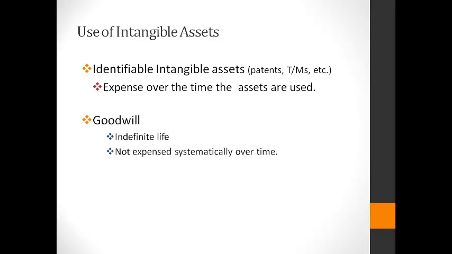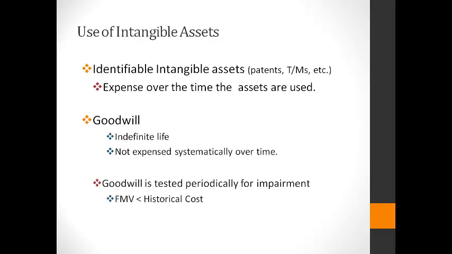Goodwill is an exception to this rule because goodwill has an indefinite life and is not used up, so it is not expensed systematically over time. Goodwill is tested periodically to determine if impairment or permanent loss of value has occurred. Goodwill is reduced to estimated fair market value if fair market value is lower than cost.